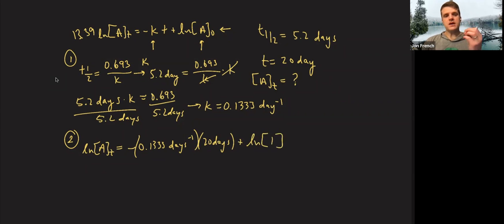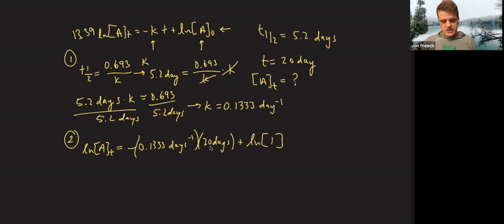And remember, I'm picking 1 because they are asking for what percent of the sample remains. So by picking 1, it makes it easy to find what is the remaining as a percent. And the other reason it's nice to pick 1 is because the natural log of 1 is 0. So that makes your equation that much easier already.